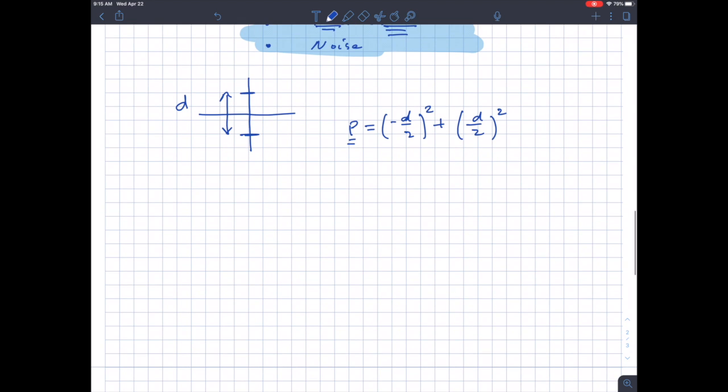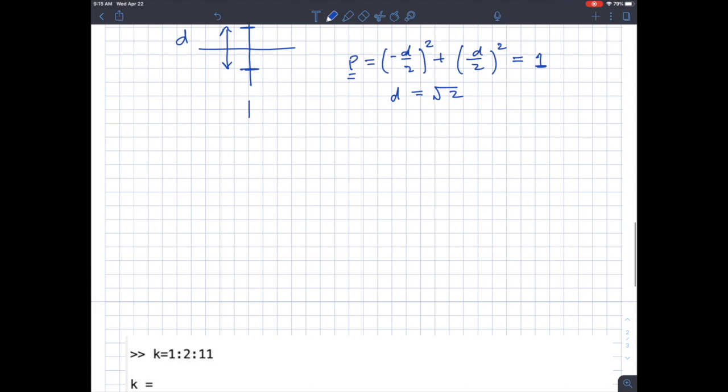If we normalize that, setting power equal to 1 as a constraint, we could solve this equation for d, and we would get d is square root 2. Well, what if I add more levels?